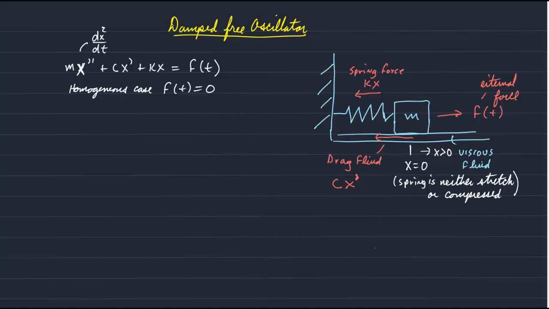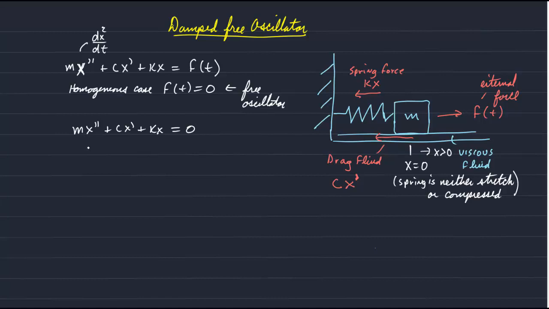That's why this is a free oscillation, or a free oscillator. So that gives the equation m x double prime plus c x prime plus k x is equal to 0. So it's a second order ODE with constant coefficients and it's homogeneous.